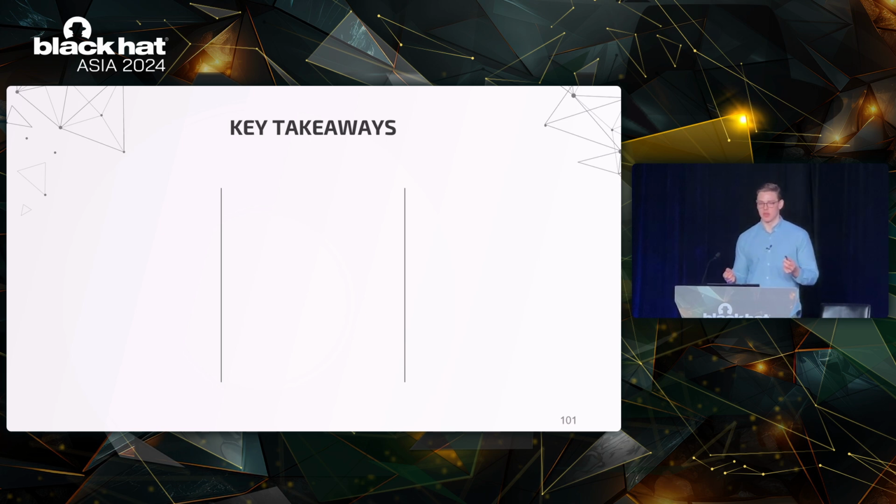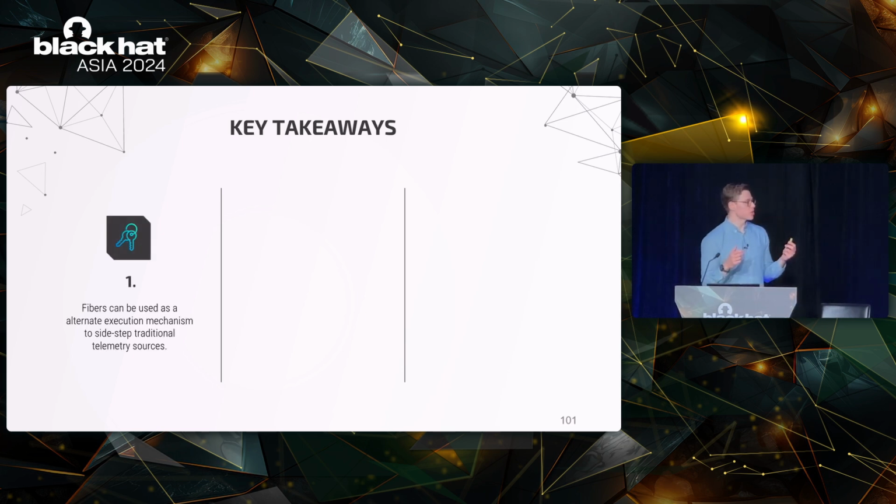And finally, some key takeaways. One, fibers can be used as an alternate execution and delivery mechanism for your payload. And you can use this to sidestep, say, some traditional telemetry sources and heuristics that are more inclined to target threads in the clean manner.